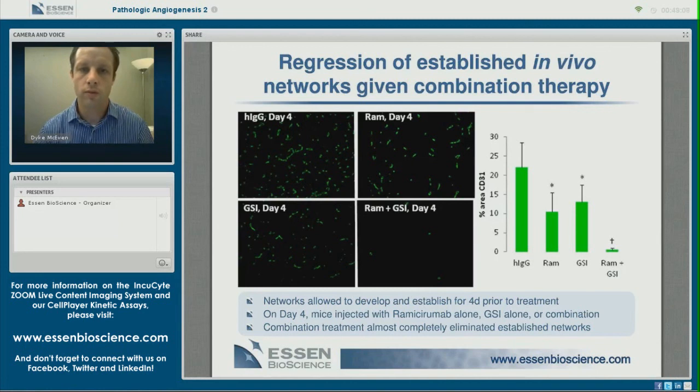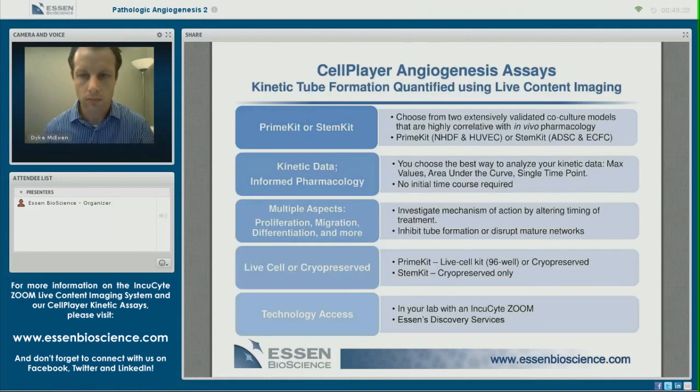And it was only when these agents were added in combination that we saw a significant, almost complete elimination of this established vasculature, indicating that these cells do develop insensitivity, but this can be restored, presumably by potentially disrupting the pericyte endothelial cell interaction. So here we're studying very complex biology using our in vitro setting that is highly correlative with in vivo pharmacology.